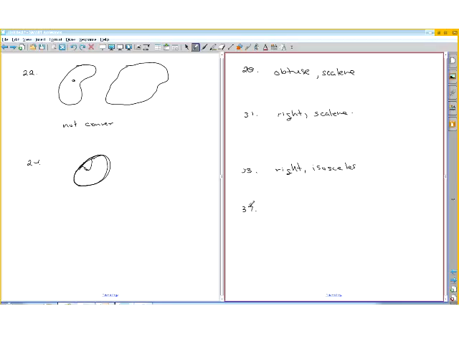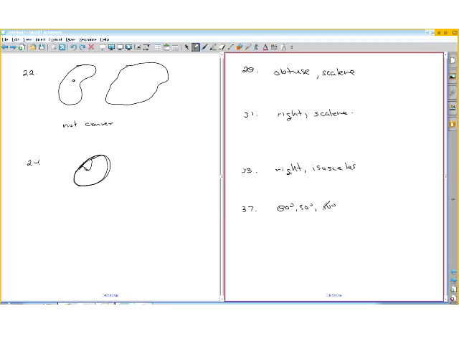Okay, and then let's do 37. So 37 has two sides that have the same length, so hence they have two angles that are the same. So it's an isosceles triangle. And they give the two angles because if you take 50 and 50, that's 100. So the third angle as a consequence is 80 degrees.